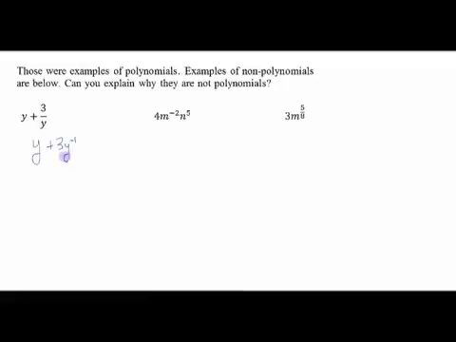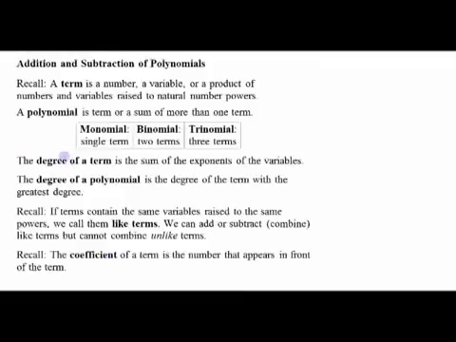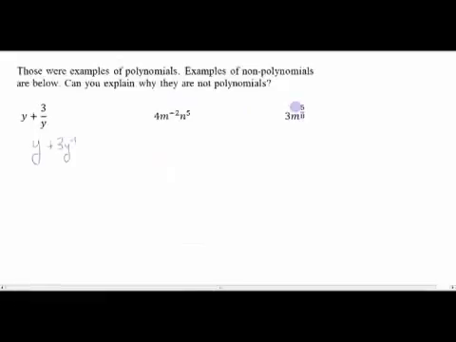Well, our definition said that polynomials are made up of terms, and a term is a number, a variable, or a product of numbers and variables raised to natural number powers. That means numbers that you would count with. So definitely having an exponent of -1 causes this expression to not be a polynomial.